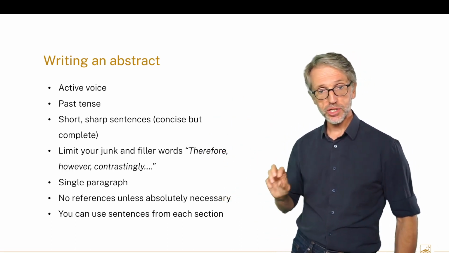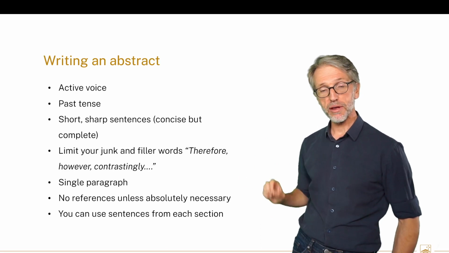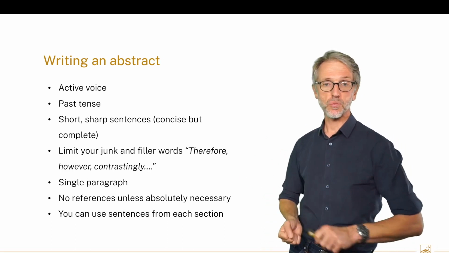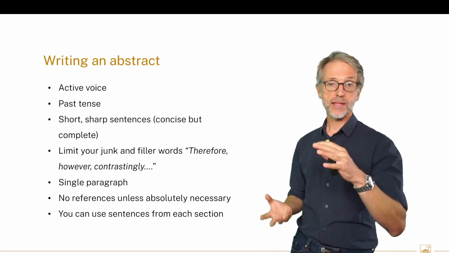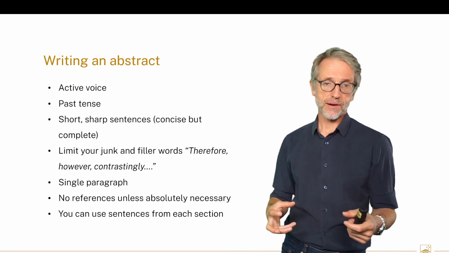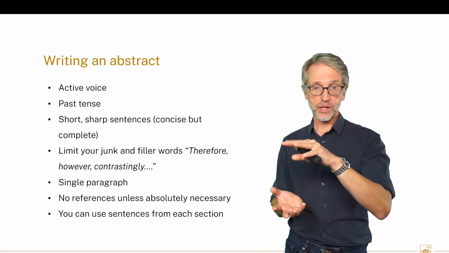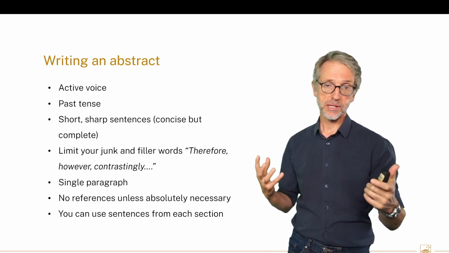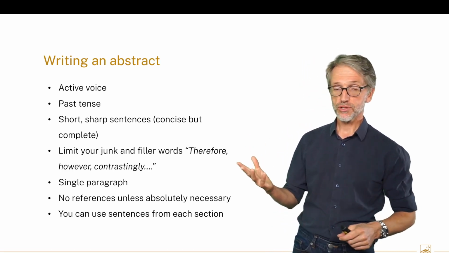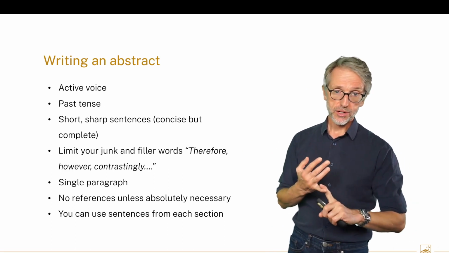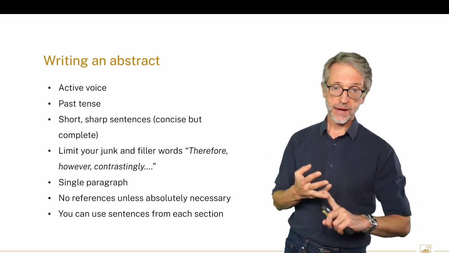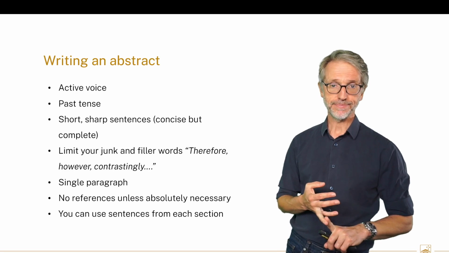Many times you can just pull out the topic sentence from every paragraph, put that into one paragraph, and that becomes your draft abstract. And from there, you then edit it and whittle it down so that it becomes something appropriate. You achieve 2 things. It is to the point and it covers the entire paper.